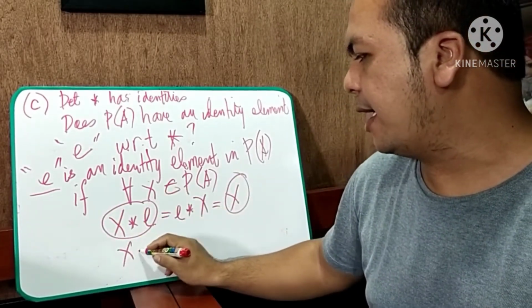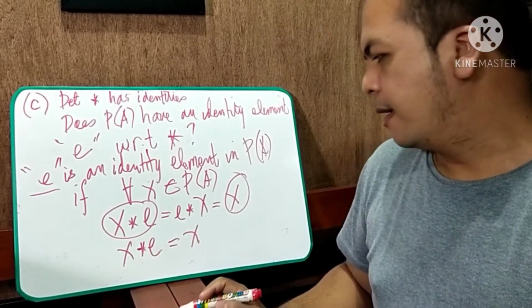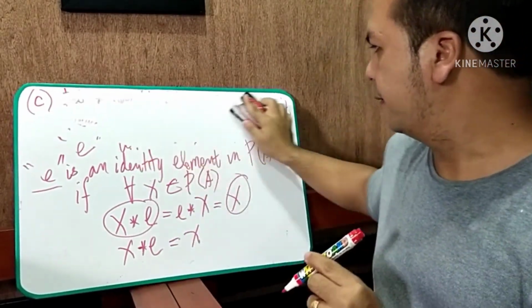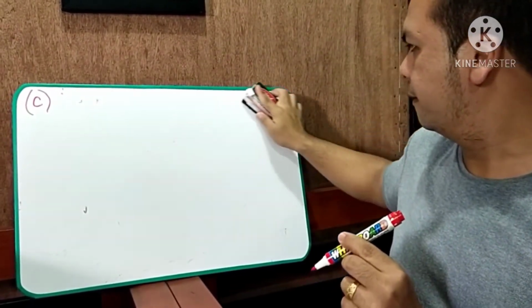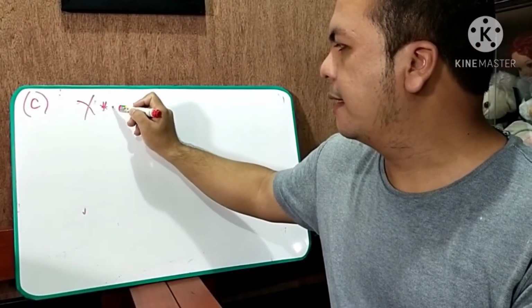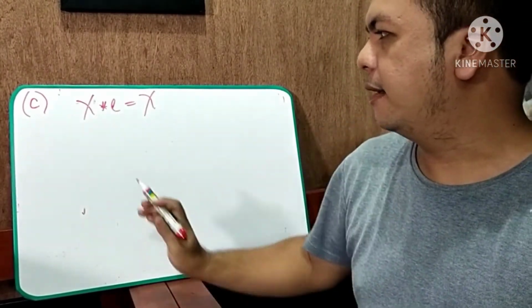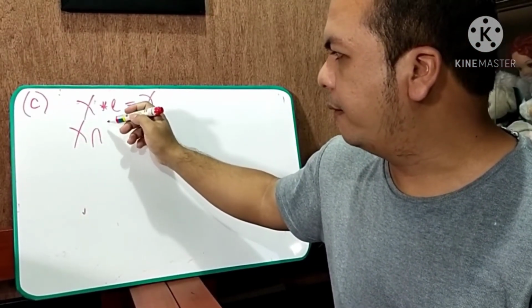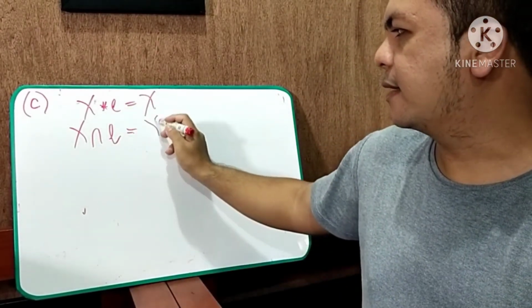So, we have x star E is equal to x. But what is x star E? X star E by definition again is X intersection E, which is equal to X.